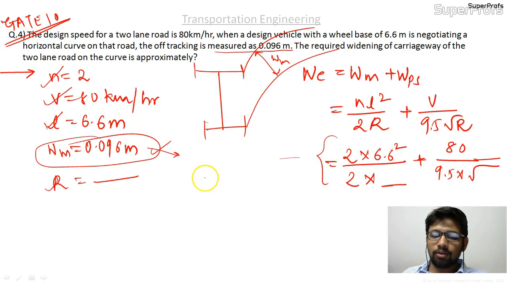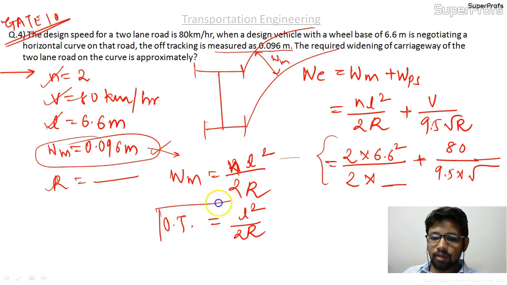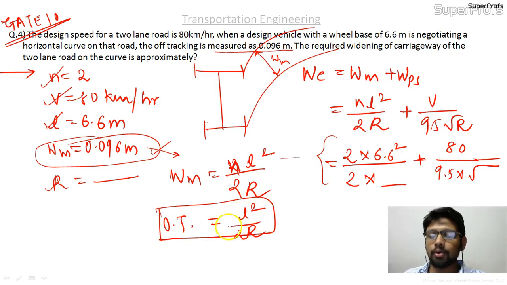We know that mechanical widening is given as NL square upon 2R, and off-tracking is given as L square upon 2R. I hope you all agree, and there is no N in this formula, as N equal to 1, because off-tracking is for a single vehicle.